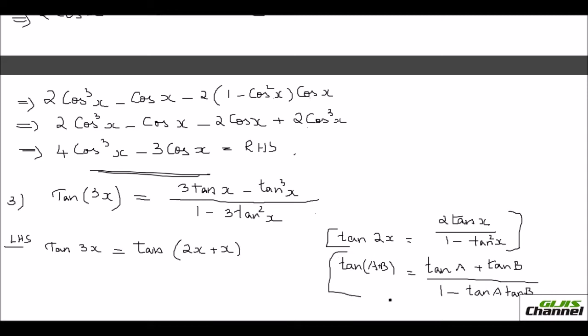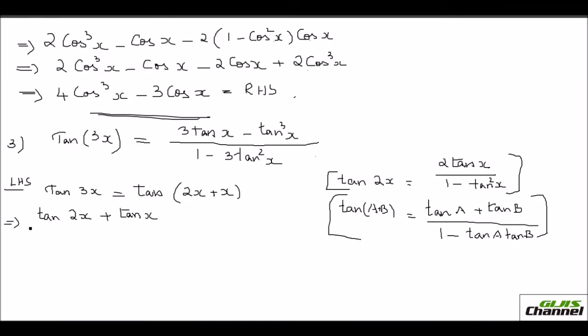First I would use the tan a plus tan b formula in this. This is tan 2x plus x. I take my 2x as a and x as b. So this will be written as tan 2x plus tan x divided by 1 minus tan 2x times tan x. Okay? Did you get that?